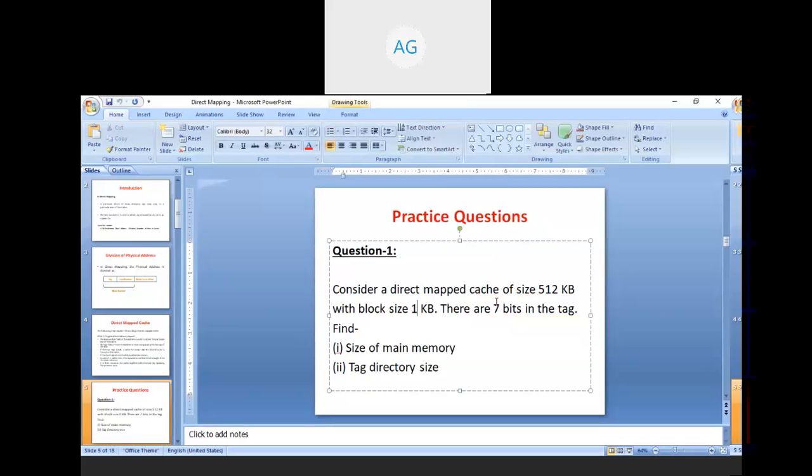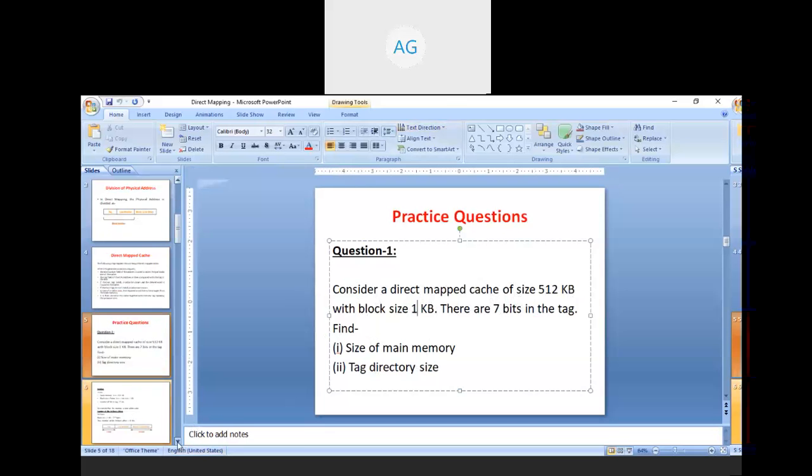You need to remember or write what is given to you and what you need to find out. So this is the question. You are given the cache size, the block size, the number of bits in the tag, and you need to find out the size of the main memory and the tag directory size.